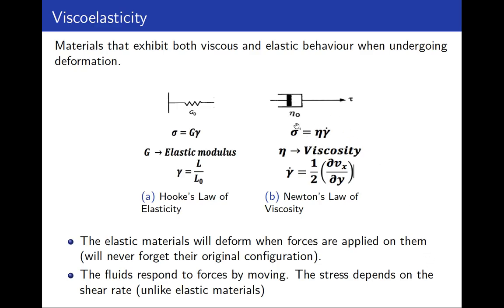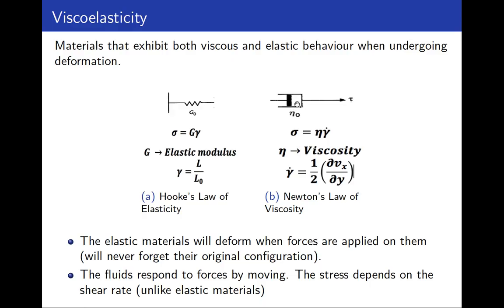And we sometimes use a dashpot to explain the concept of viscosity. We place a viscous fluid in the container, and then we apply a stress or a force in this direction. The dashpot is going to move, but the higher the viscosity of the fluid, the more resistance the dashpot is going to face.